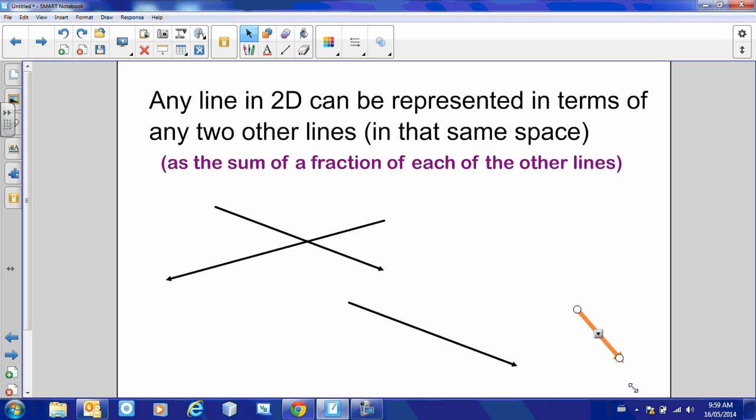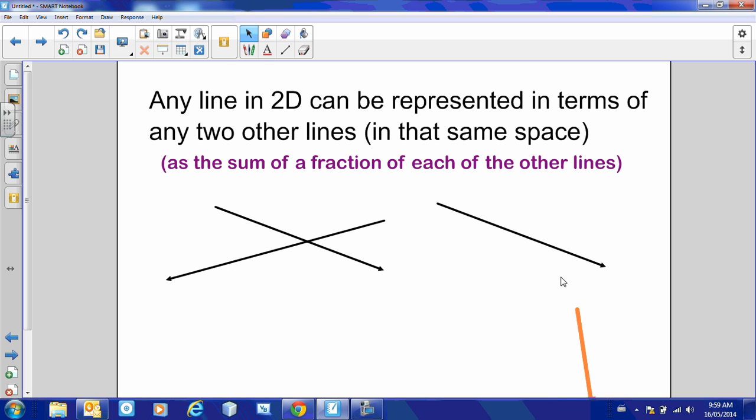So I'll make one here that's relatively easy, I think, although I don't know what's going to be easy. If I'm looking to represent this vector here in terms of these other 2, I need my vector to go from the tail of this one, so that seems like a reasonable way to go, from the tail of the orange one out this way and then back towards the head of this one.